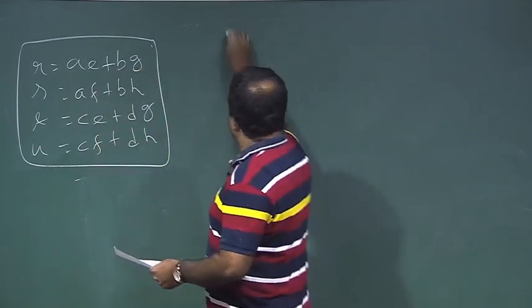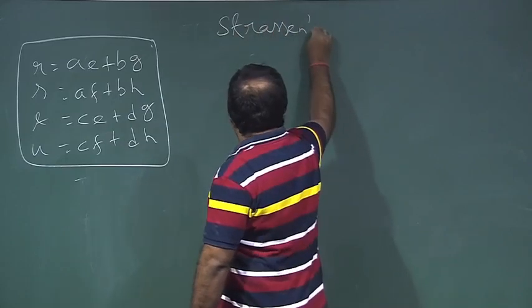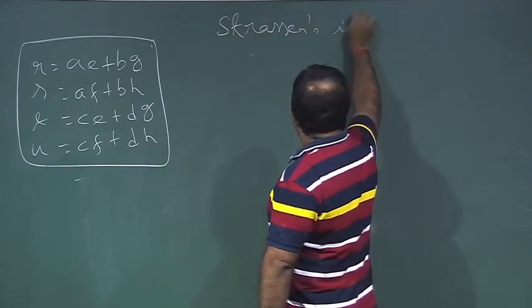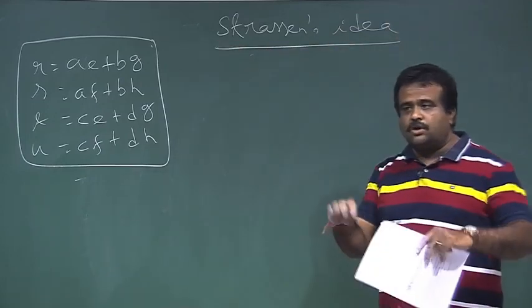So, that is Strassen's idea to reduce the multiplications by 1 with a cost of more additions.